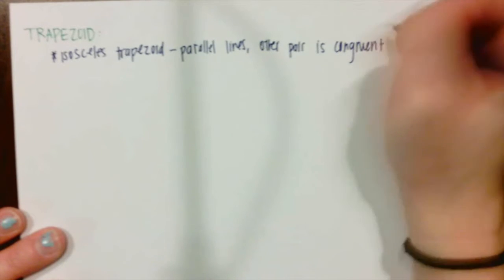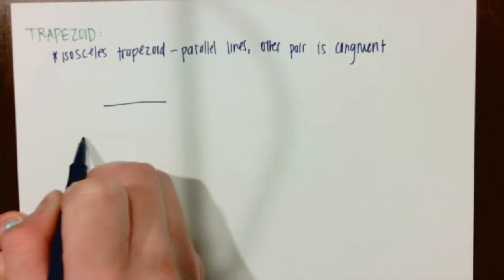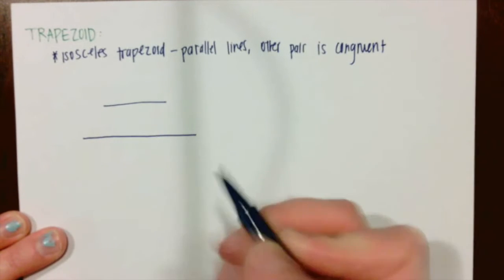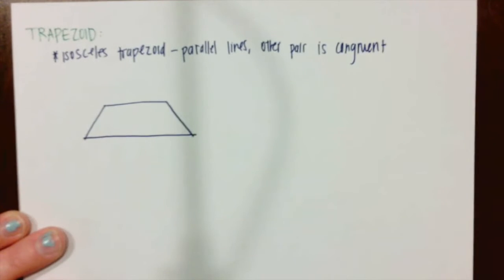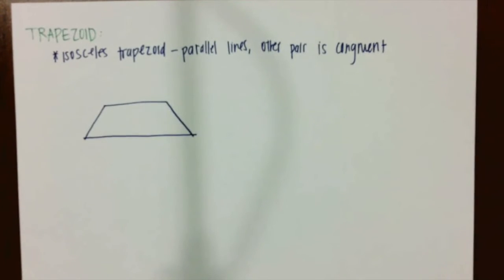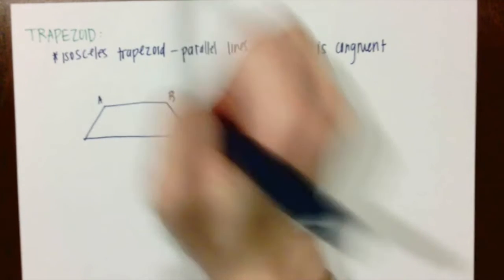So it looks something like this. I've got two parallel lines that are not the same length, and then I have these two not parallel lines that are. We'll call this A, B, C, and D.